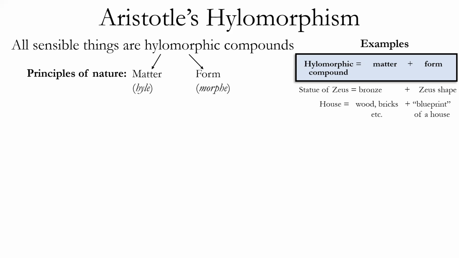But what the blueprint represents is in some ways the form of a house, the shape of the house. And what the builder does is to take that form, that shape, and arrange the matter, the wood, the bricks, and so on, in that shape, in that way. And in so doing, the house builder produces a house, right?